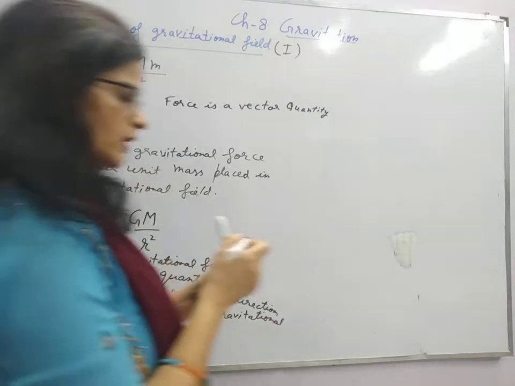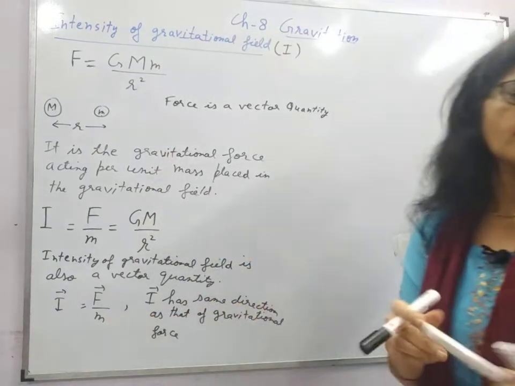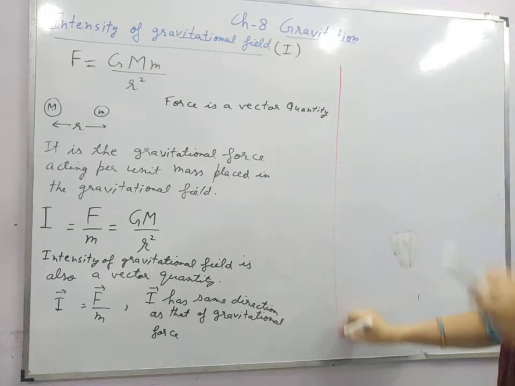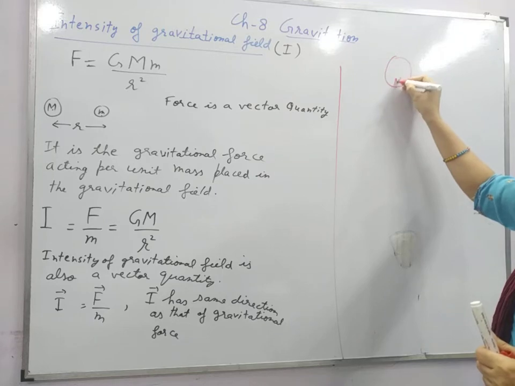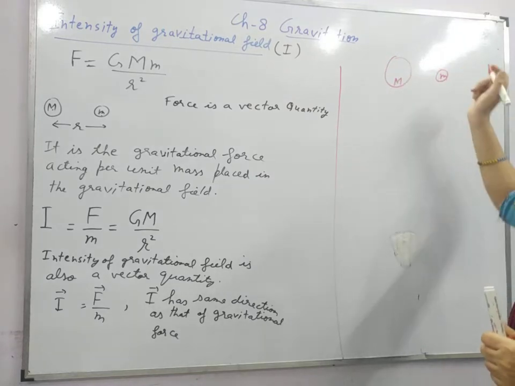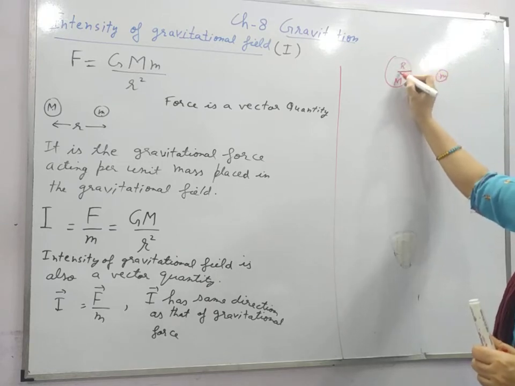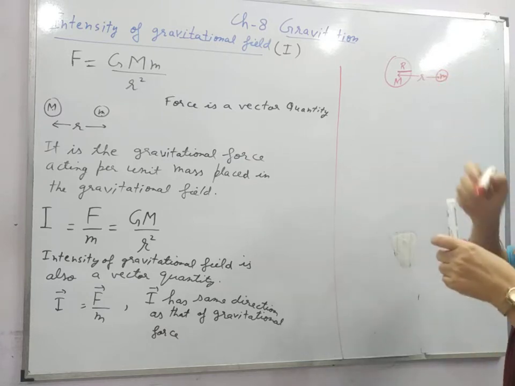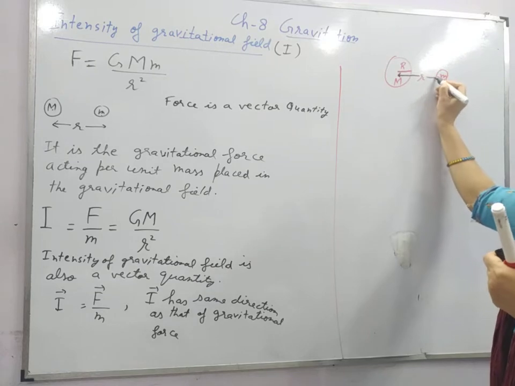So if we talk about Earth, for Earth, what will be this intensity of gravitational field? If capital M is the mass of the Earth, small m is the mass of the object, r is the radius of the Earth, and small r is the separation between the centers of Earth and this mass.